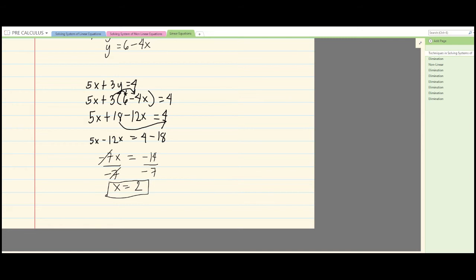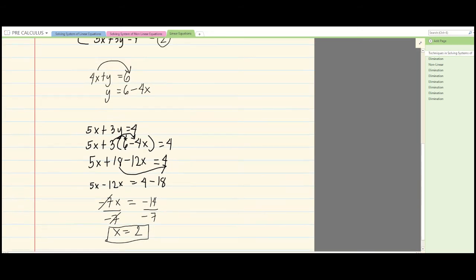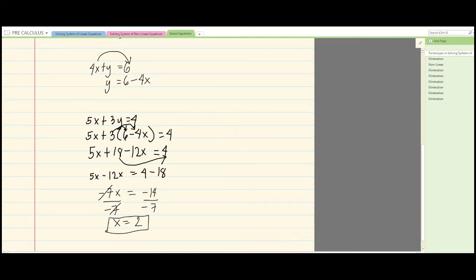Then how do we get y? That is easy. We get y through this one. We follow it here: y equals 6 minus 4x, as labeled right here.